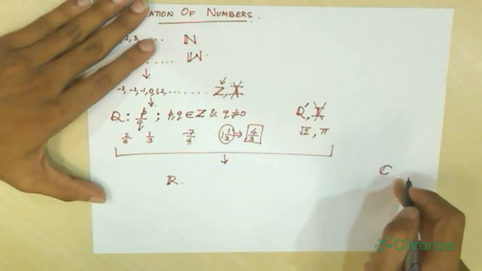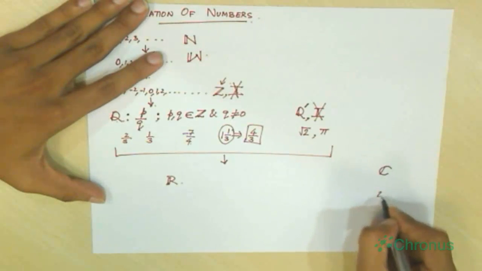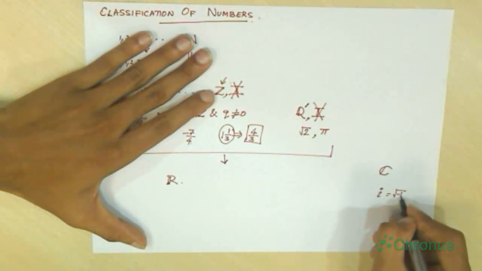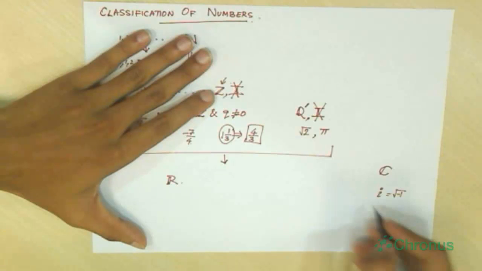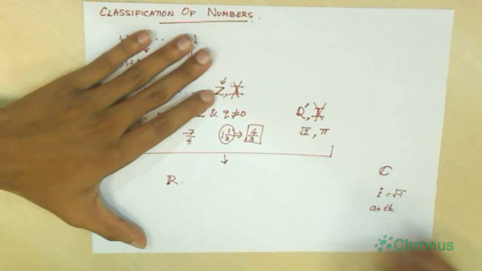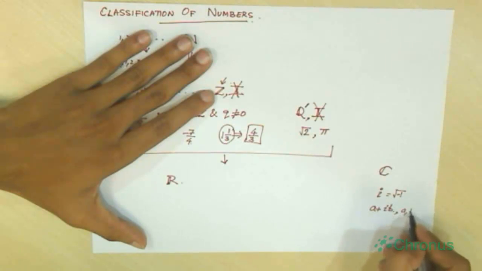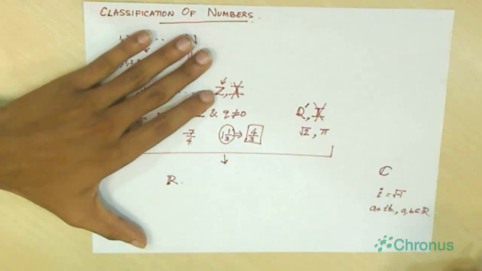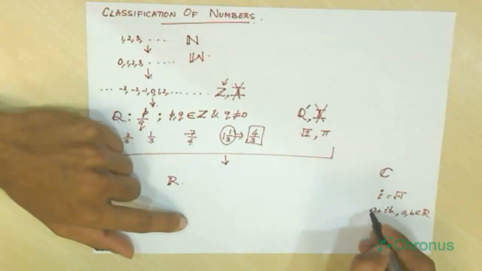And here I need to introduce the concept of the number i, which is defined as root of minus 1. So any number of the form a plus ib, where a and b are real numbers, is a complex number.